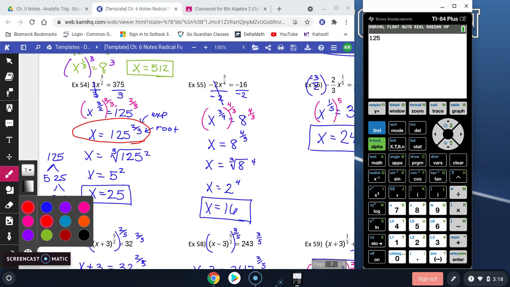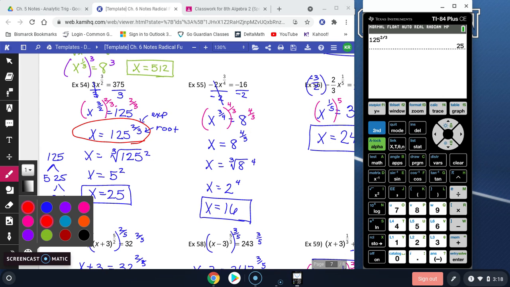So you can do 125, you can do your caret, and it's nice because it pops up like where an exponent is. And you can do 2 divided by 3 right in that exponent. In your calculator, 2 divided by 3, it's going to understand that as 2/3. So 125 to 2/3 power, enter, and it's 25.